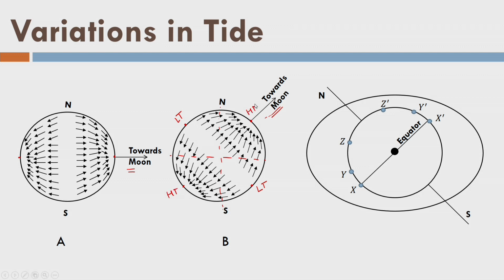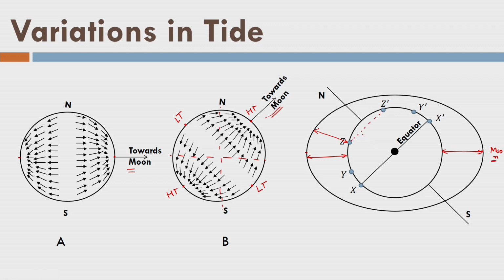Fine. Now we can observe the same situation here. I am marking the equator by X dash, and the moon is, let us say, here somewhere, and this meridian moon is there. What will happen? This is my high tide here. Fine. And this is the high tide here. Okay. What about the point Z? Point Z is having high tide, but the point Z dash is at the same latitude.